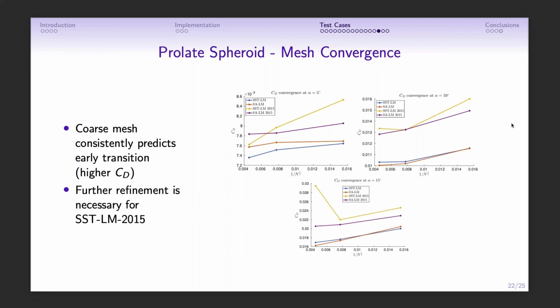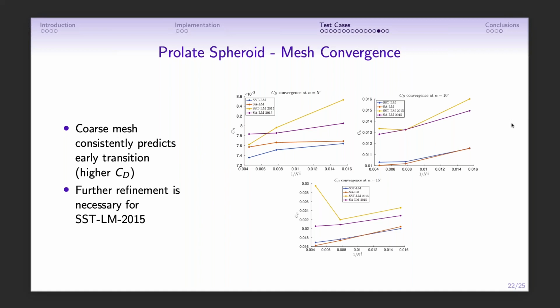First trend that we can see is that the coarsest mesh gives higher CD. This means that it tends to predict transition earlier, since the surface that is turbulent on the ellipsoid is much higher, and thus CD is higher.